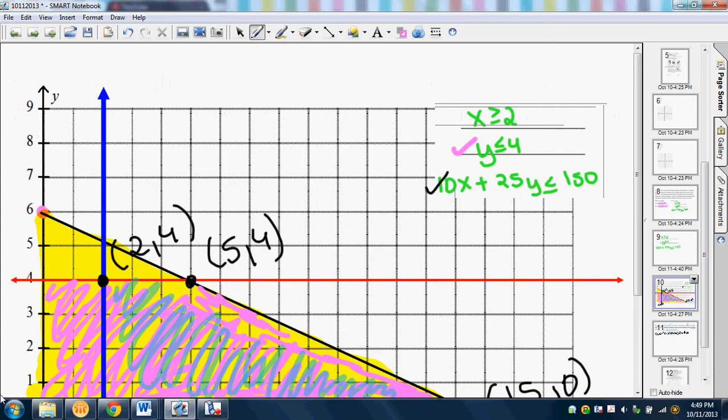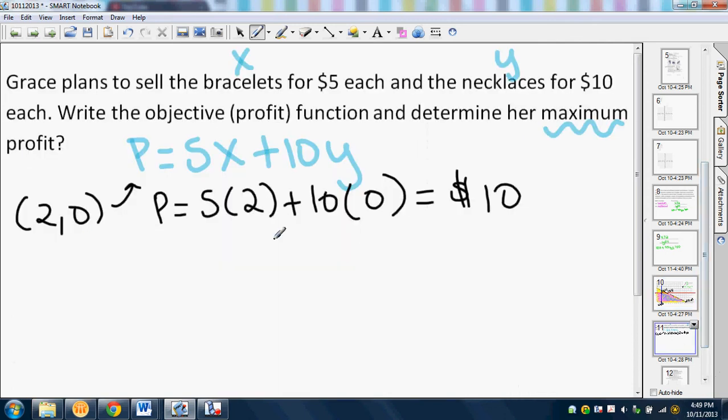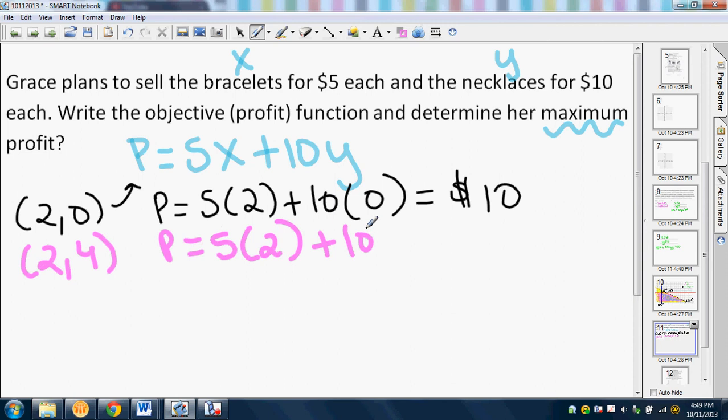Let's look at the option of 2, 4. That's 2 bracelets and 4 necklaces. So the profit is 5 times 2 plus 10 times 4. Well, $10 for bracelets and $40 for 4 necklaces is going to be $50.